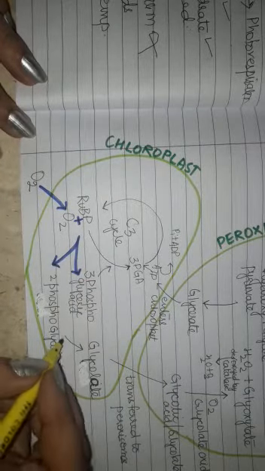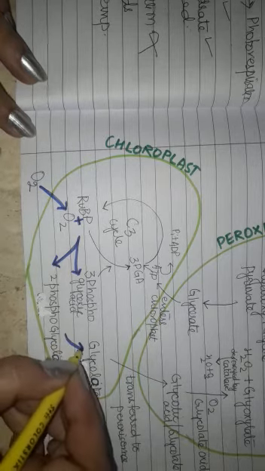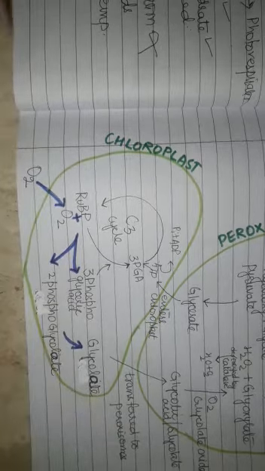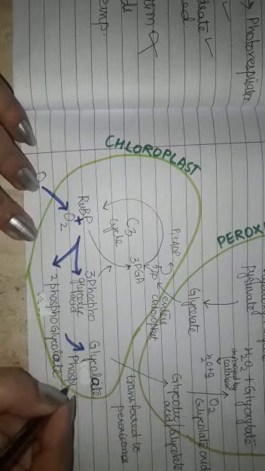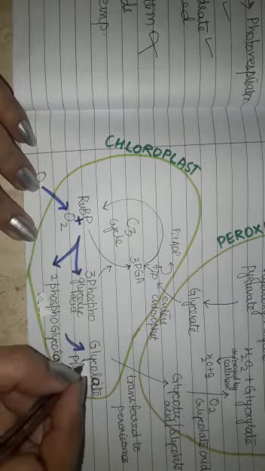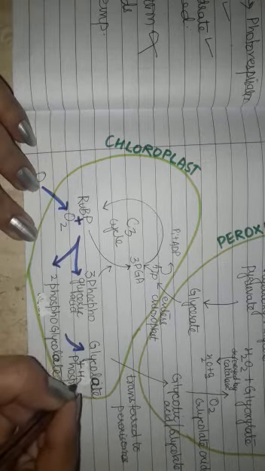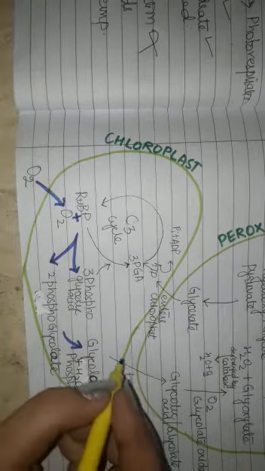2-phosphoglycolate. This 2-phosphoglycolate, in the presence of the enzyme phosphatase and water, gets converted into glycolate.